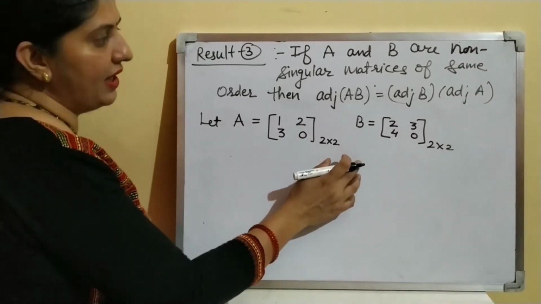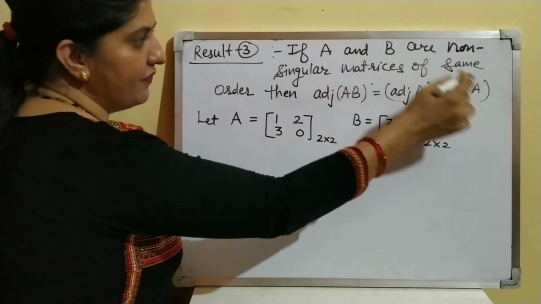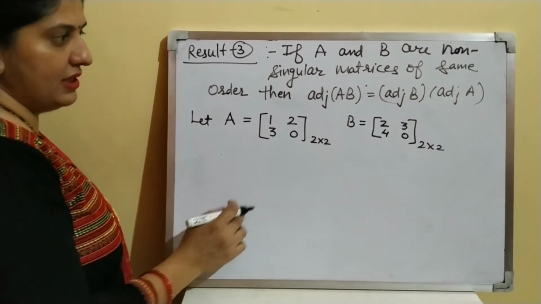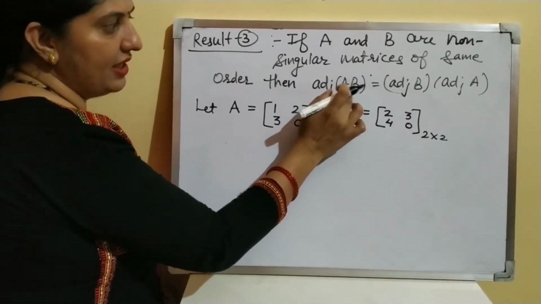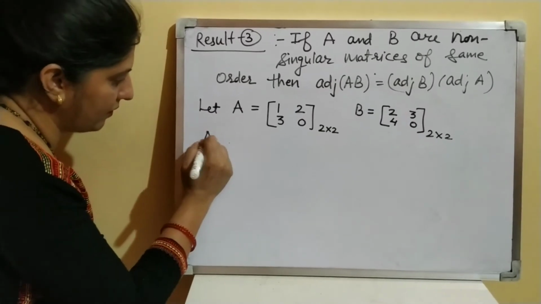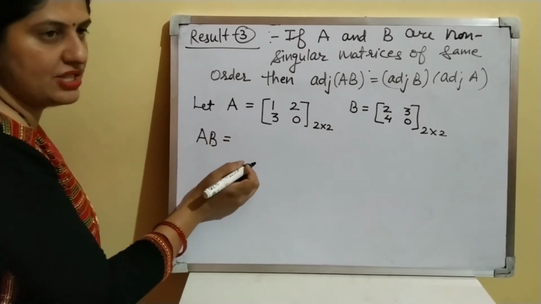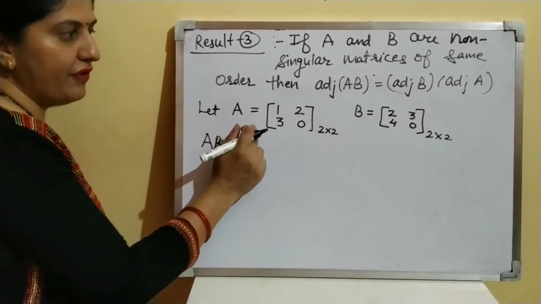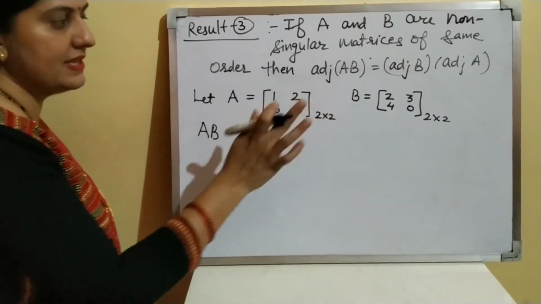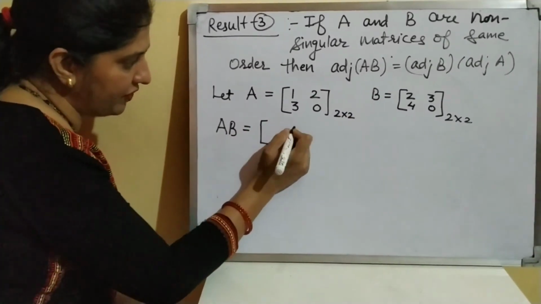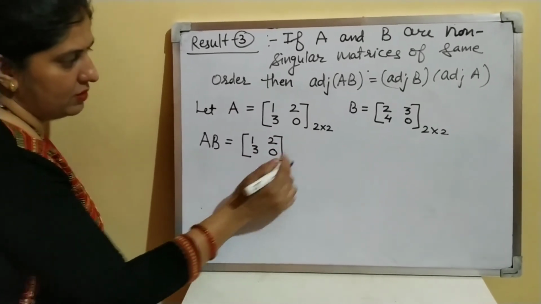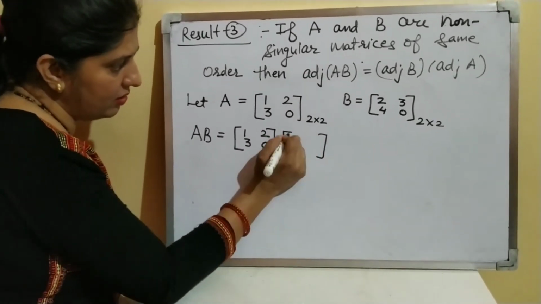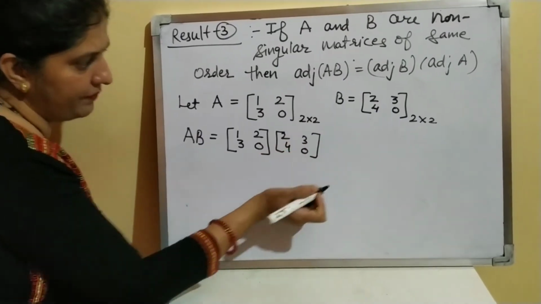Now we have to verify the given result. For this, first we calculate the product of A and B. Here AB is defined because order of A and order of B is same. Put the value of A 1, 2, 3, 0. Put the value of B 2, 3, 4, 0.